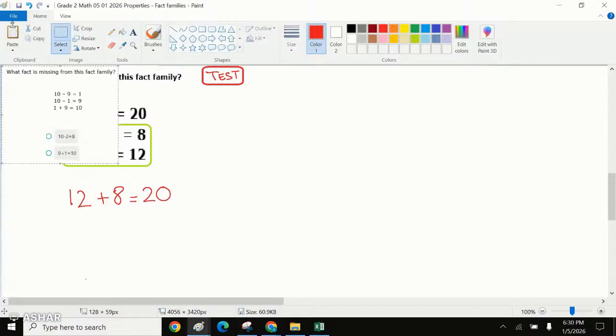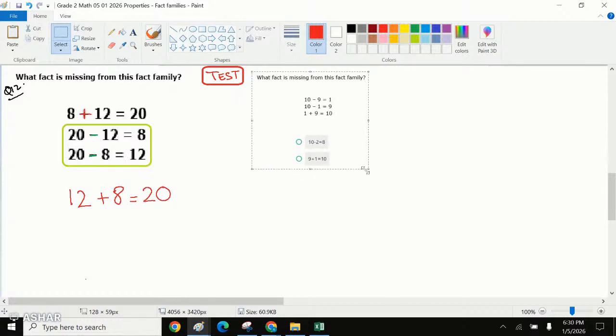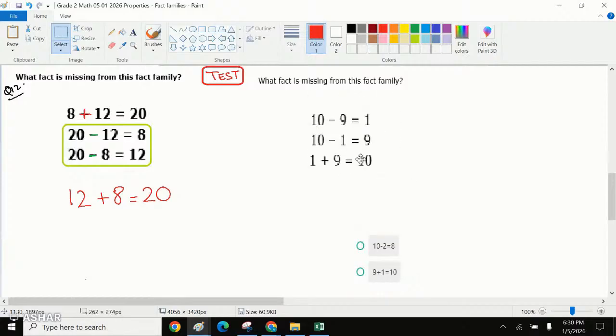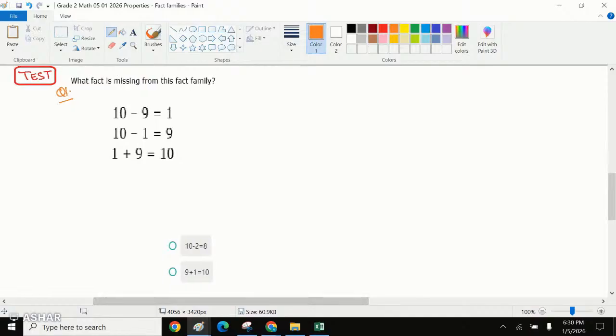So the first question we have is, which fact is missing? What fact is missing from this fact family? We have two options, option A or option B. Can you help me out with the answer? Would it be option A or option B?